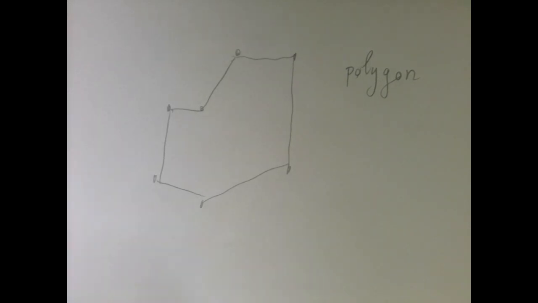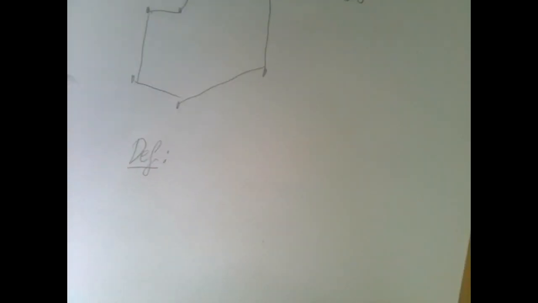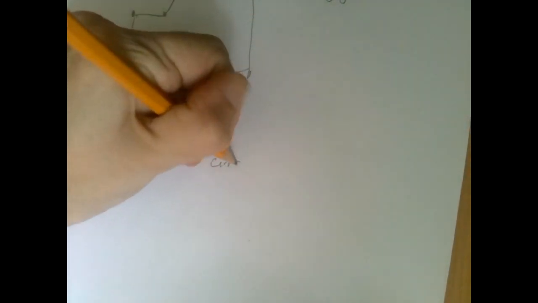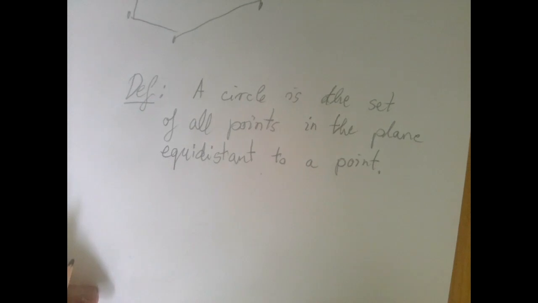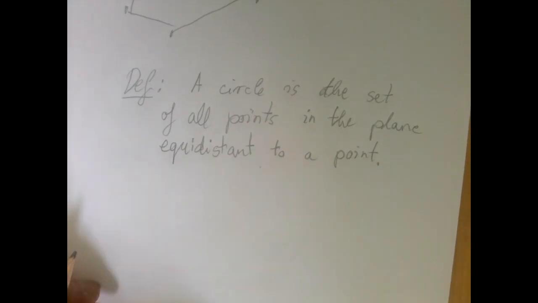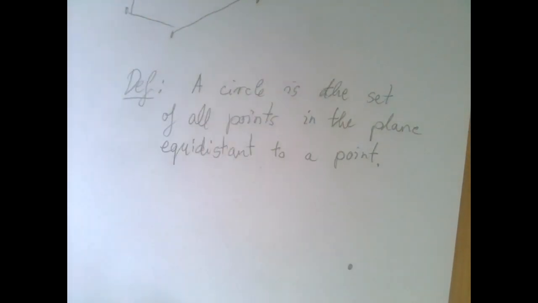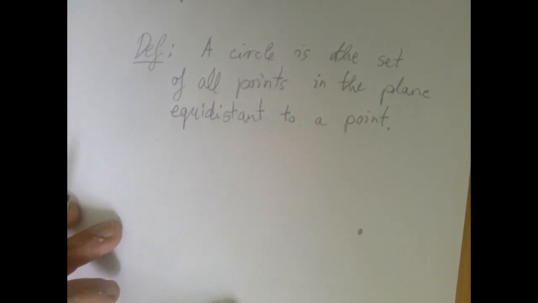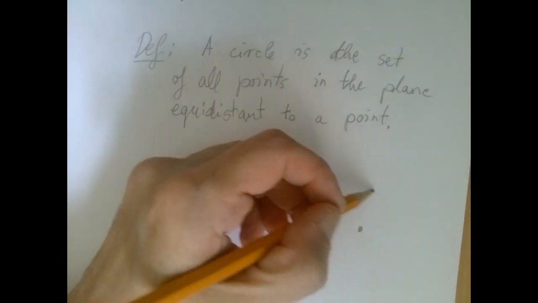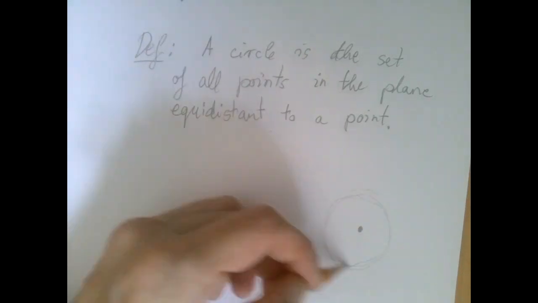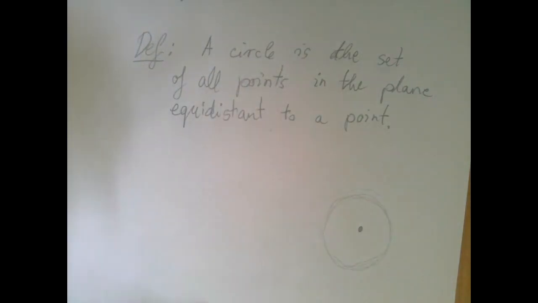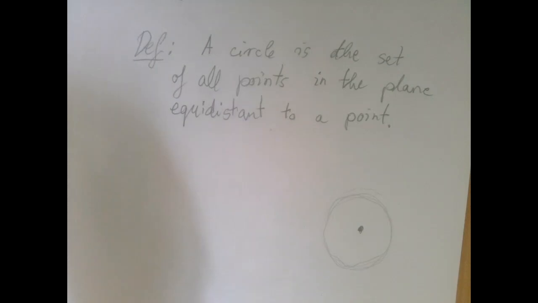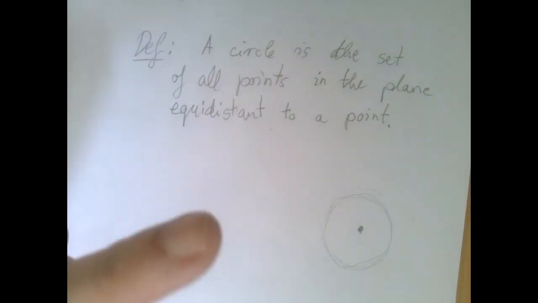For example, what's a circle? How do we define a circle? If we have a fixed point and have a fixed distance, then the set of all points that distance away from this point. Well, actually, this is not a circle yet because we didn't say in the plane. Imagine a point somewhere here, like the end of my finger.